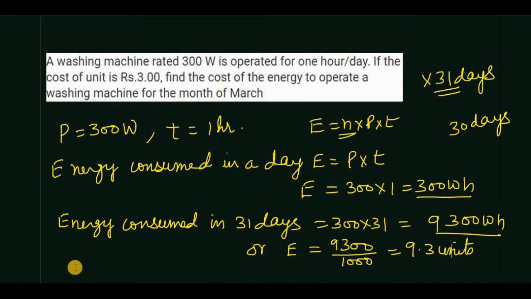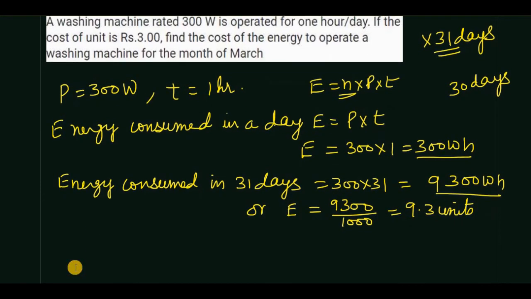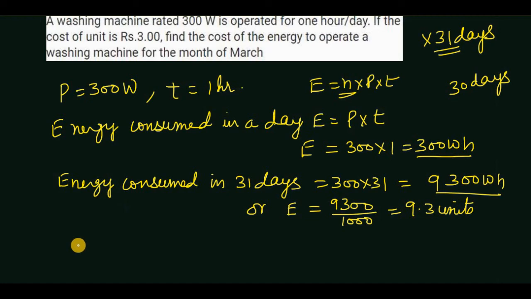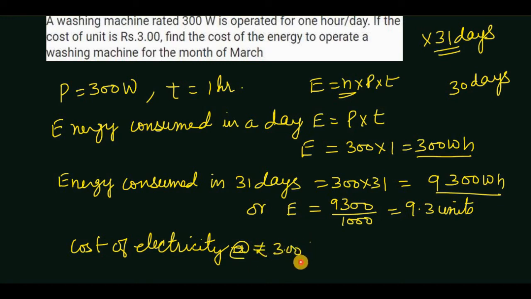Now the cost of electricity or electric energy equals, sorry, here we can write rupees 3 per unit, equals 9.3 into 3.